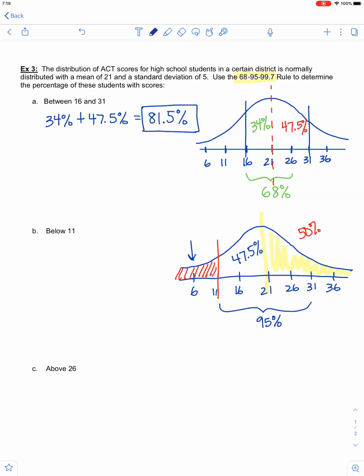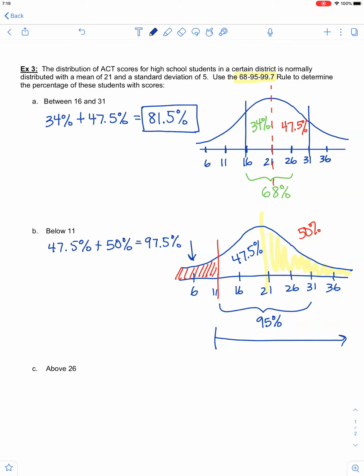So let's first add our 47.5% and our 50%. That'll get us 97.5%. And that represents everything from 11 over to the right.